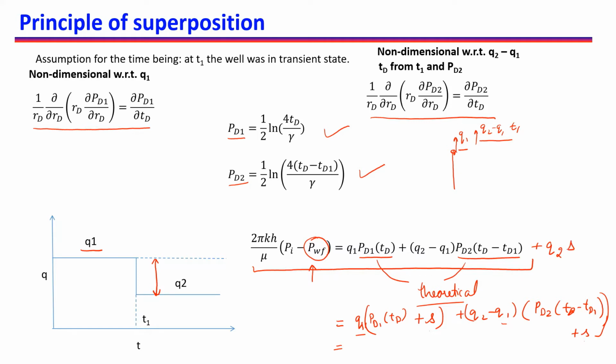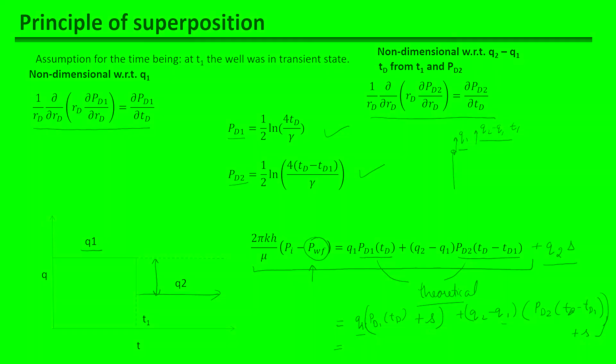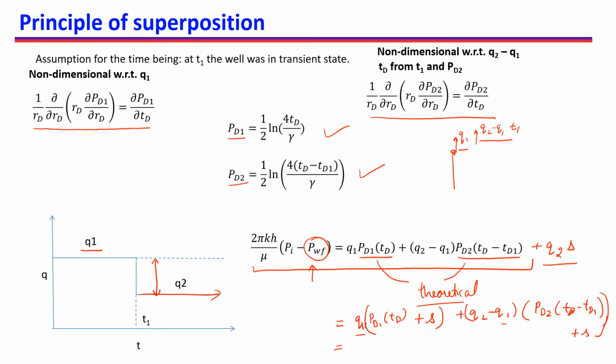Another way of looking at this skin that we have added here is that for all the previous flow rates other than the final flow rate at which the well is flowing, the skin was experienced at that time, but now what we are experiencing is only skin due to flow rate Q2, that is the final flow rate. Inside the reservoir, only the changes that happened matter.